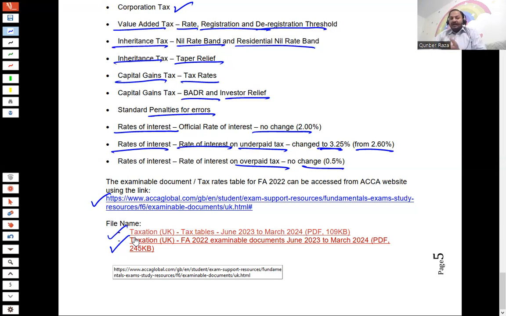And as a student, you are not in a capacity to judge whether this wrong answer is on account of a change in tax rate or it is basically your error. To avoid that, it's important to use the updated exam kit. As a last resort, I am fine with the old textbook. Not preferred, but as a last option, that's fine. But for the exam kit, not at all.